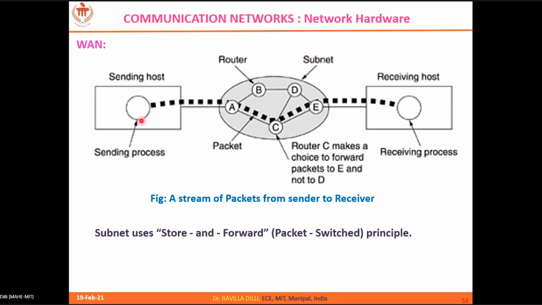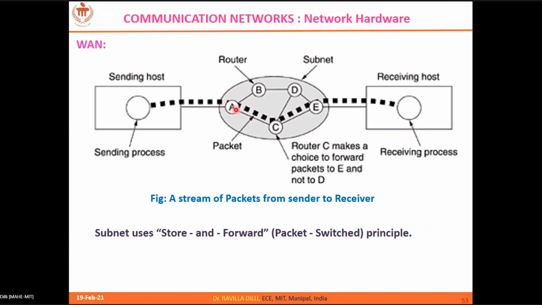So let us see, this is the host who is sending the data. The data that you are transferring is made into small portions called packets. Each packet usually will have the source address and the receiver's address. These small packets will be injected into the communication subnet, and the routers will decide the path.